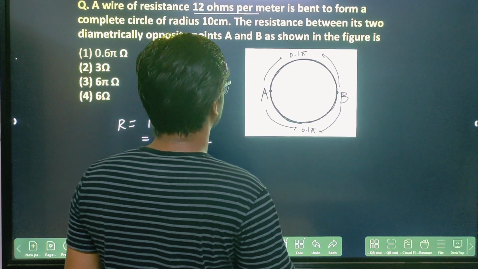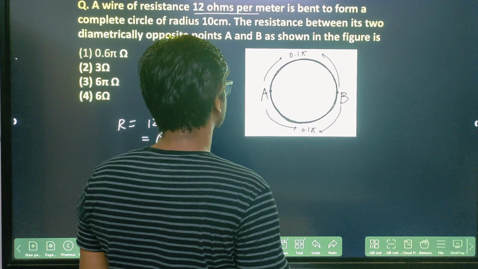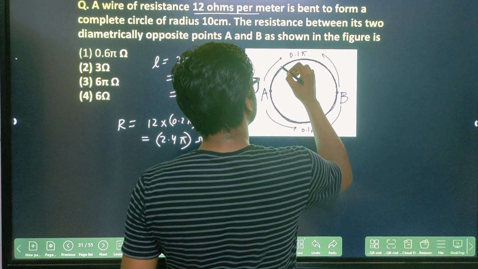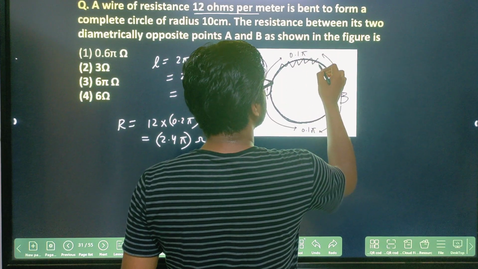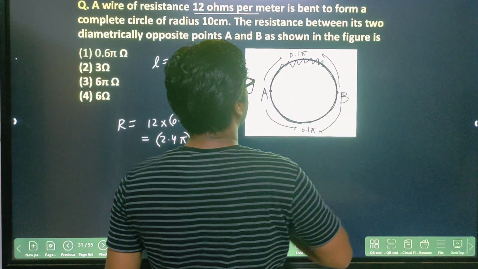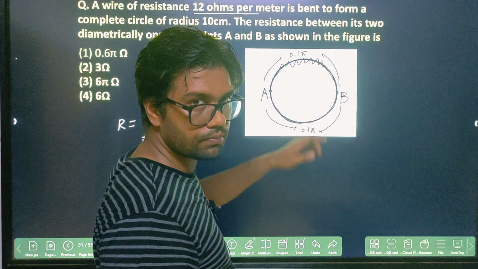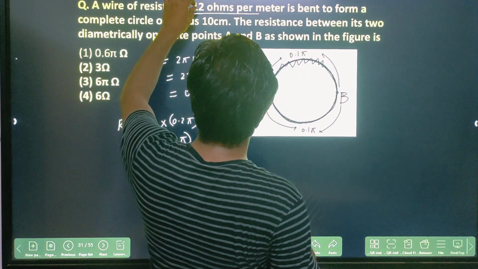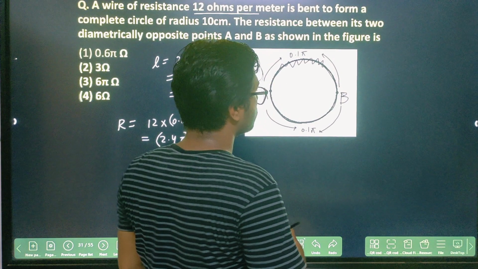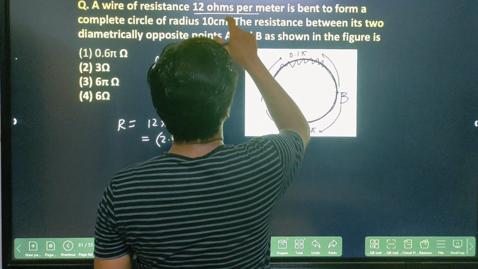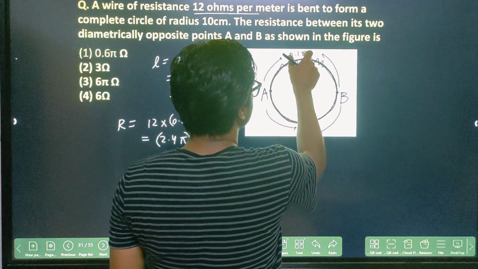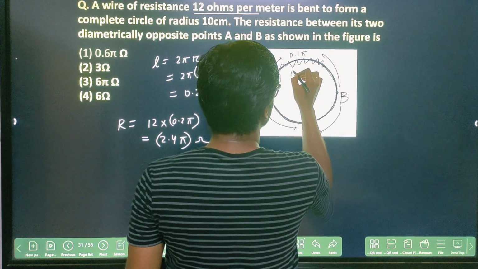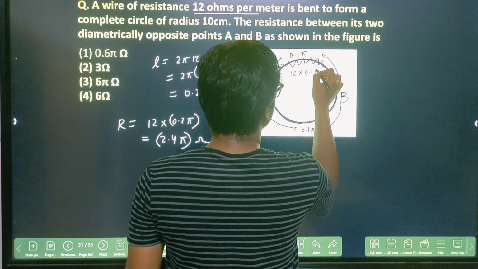Now I have to find the equivalent resistance. 12 ohm is the resistance of 1 meter, so 0.1 pi meter will have 12 into 0.1 pi.